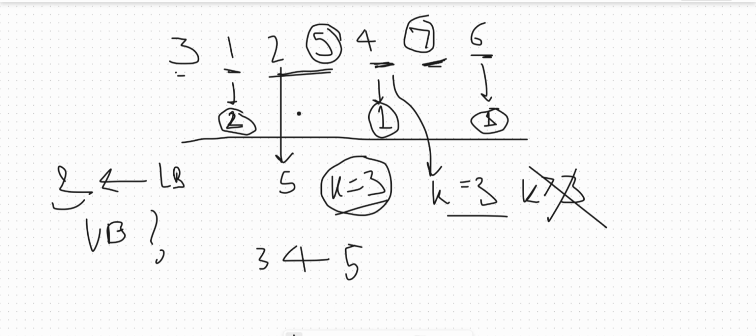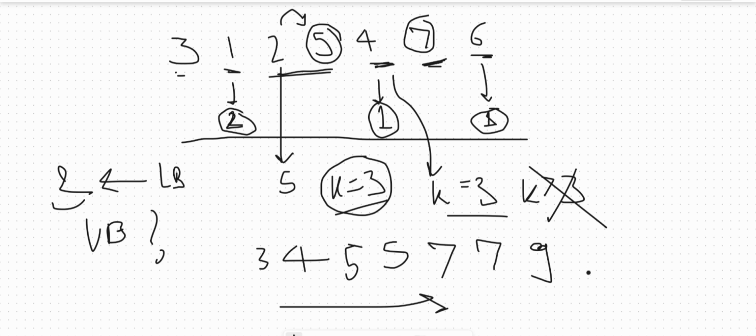And remember, 5 will not be included because 2 is not greater than 5, so 5 will be as it is. Then we have 4 plus 3, 7. Then again 7 we will not increase because 4 plus 3 is less than or equal to 7, so 7 comes here like this, and 6 plus 3 is 9. We can see that this is a non-decreasing array, and 3 is a valid k.